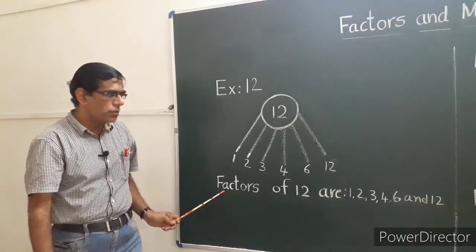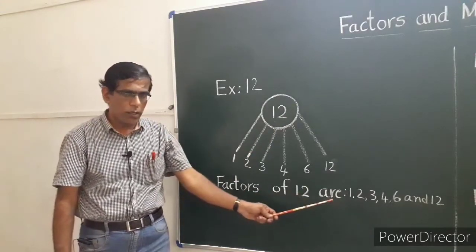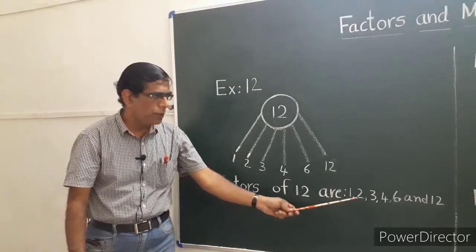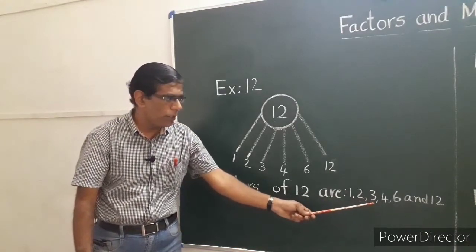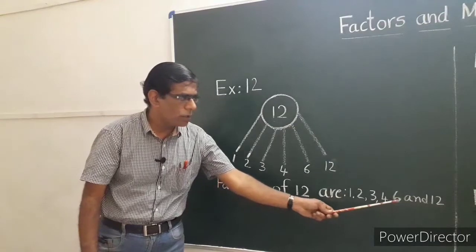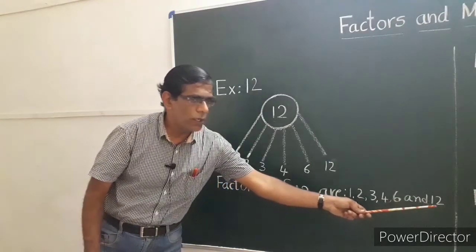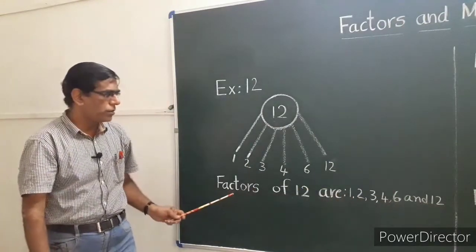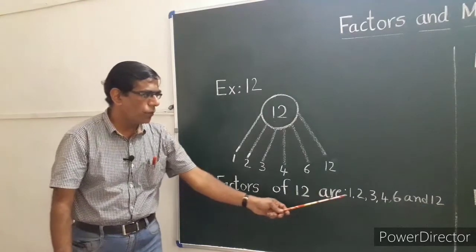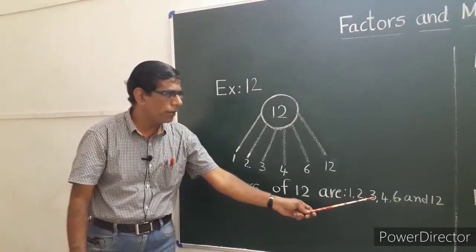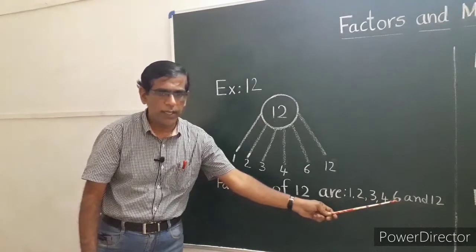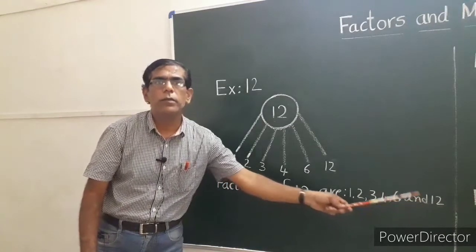Now, factors of 12 are 1, 2, 3, 4, 6 and 12.